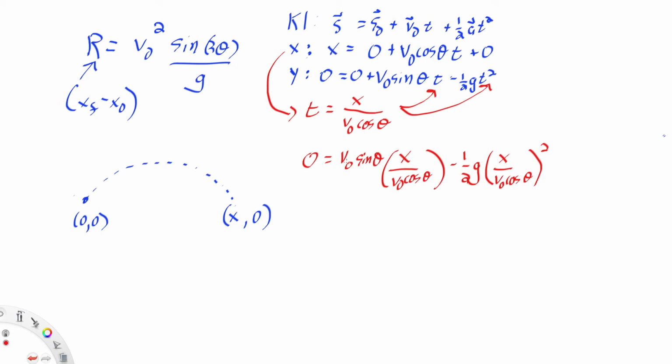So in this first term, v naught in the numerator and denominator cancel. Sine over cosine is tangent.